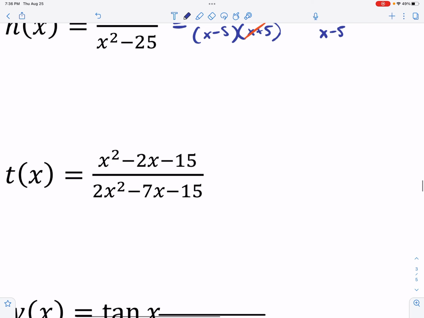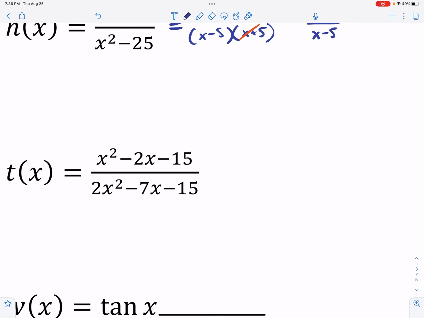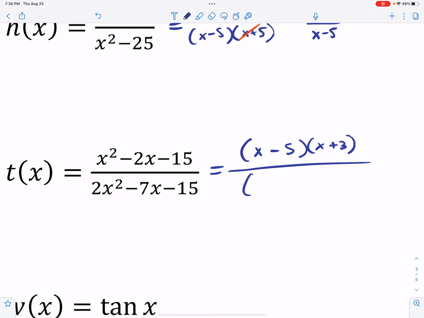Okay, let's look at t of x. Let's see about factoring. So x minus 5, x plus 3 in the numerator, and then the denominator would be 2x and x. So that would be plus 3 minus 5 to get the minus 10, or plus 3x, yep, would give us the negative 7x.